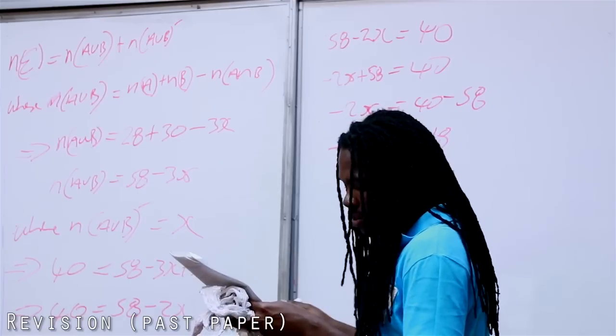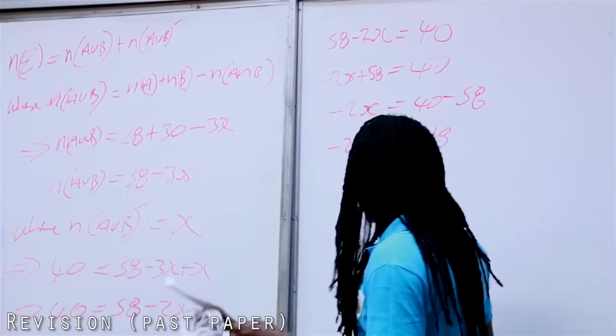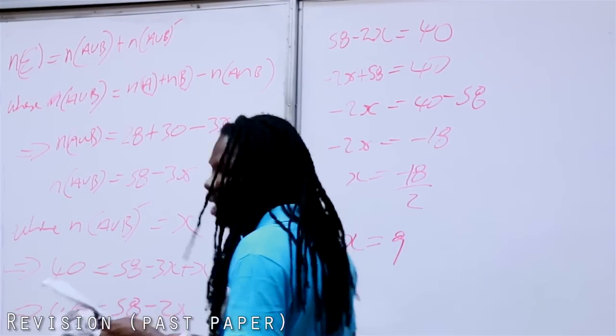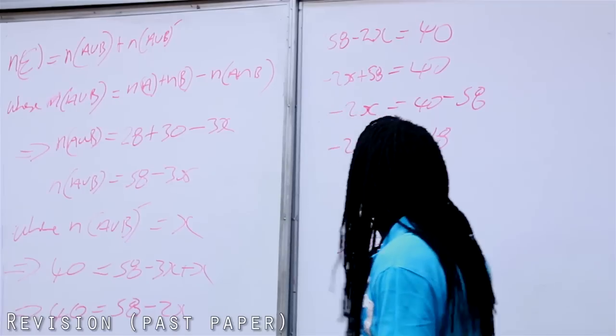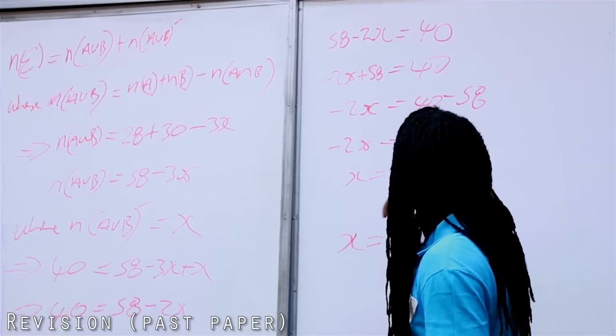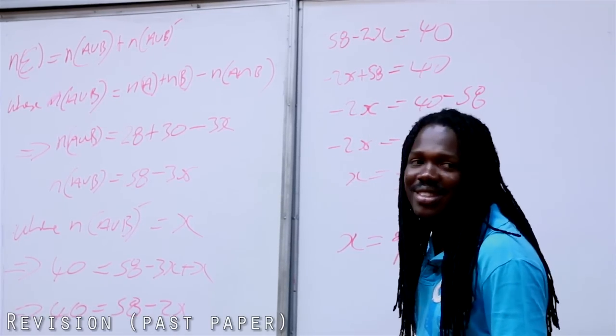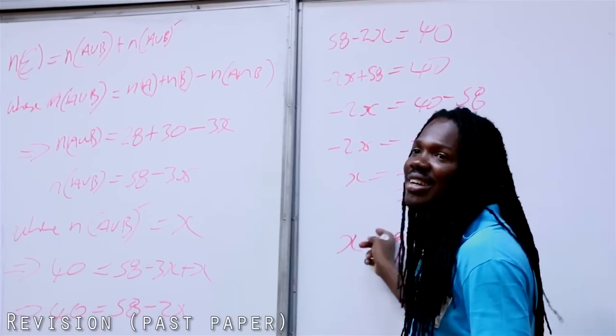And then now, the value of x: x equals positive 9. You see the signs are the same, minus and minus, so the minus must go.